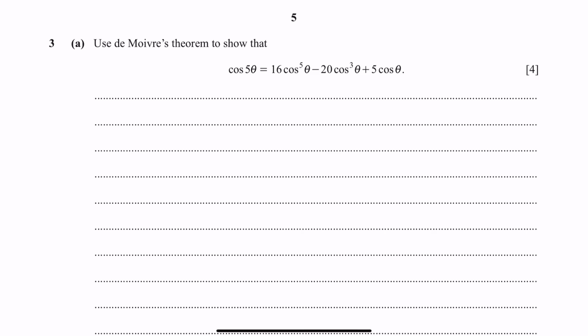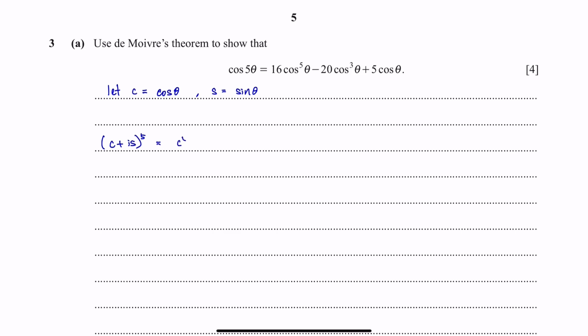For question 3a, we need to show this equation. So we can first let c equal cos theta and s equal sine theta. Because we will be using a lot of cos theta and sine theta, if we can write it as c and s, it will be way easier. So we can first find (cos theta plus i sine theta) to the 5.